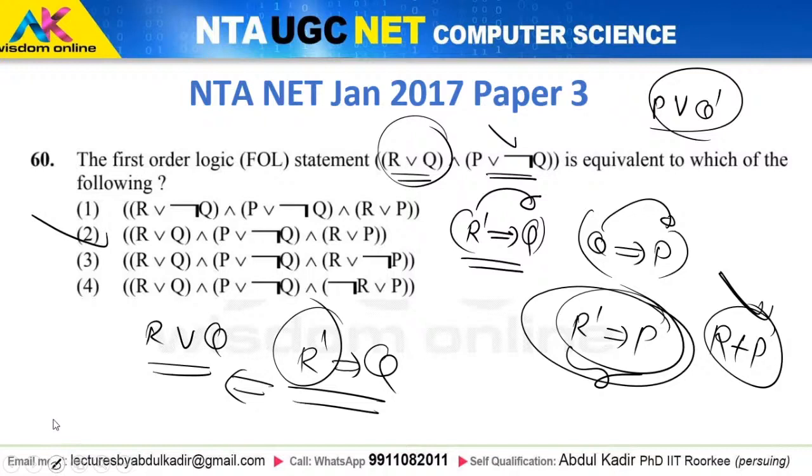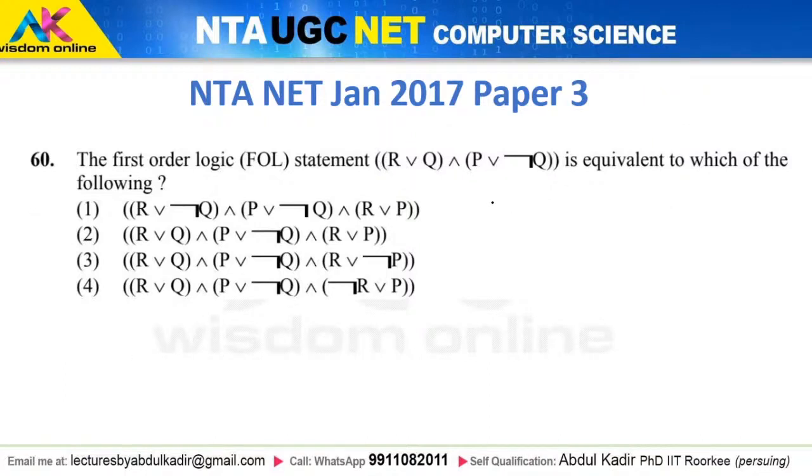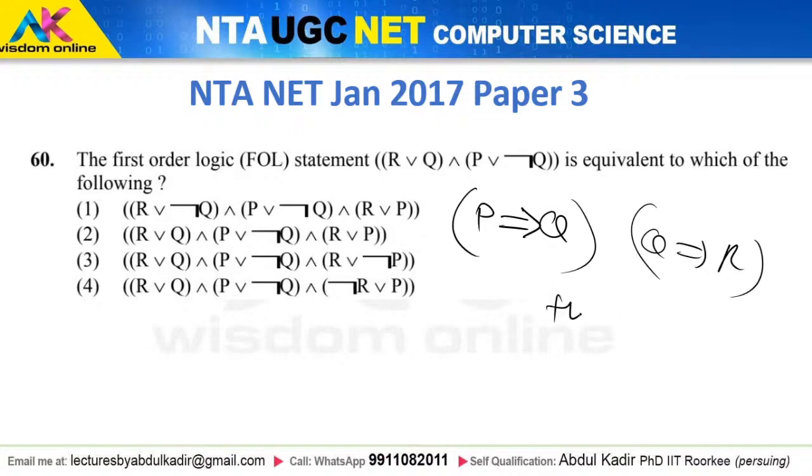If you solve this question completely, it will become very lengthy. So the trick is that it is a very nice question. Just remember, this implication is transitive. What it means: if p implies q and q implies r, then p will imply r.